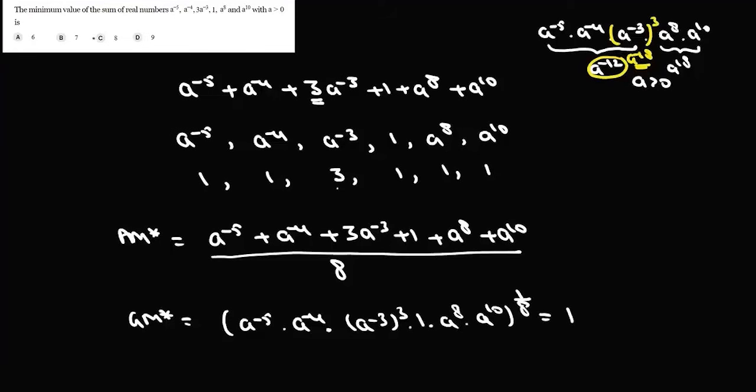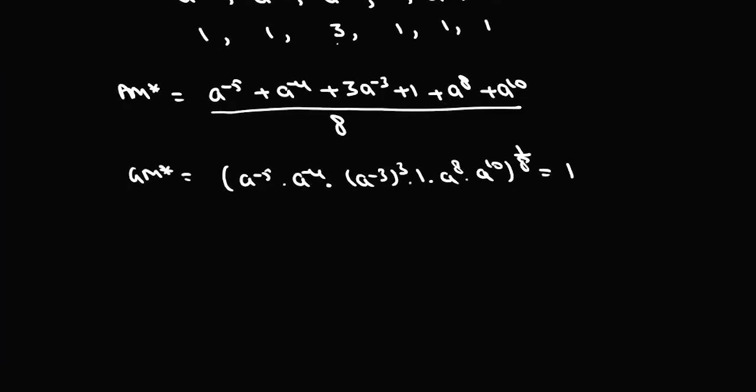Now again we have to use weighted AM and weighted GM. So weighted AM will be greater than or equal to weighted GM.